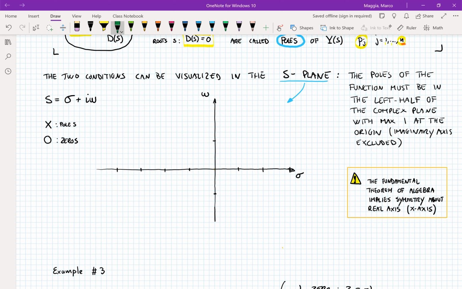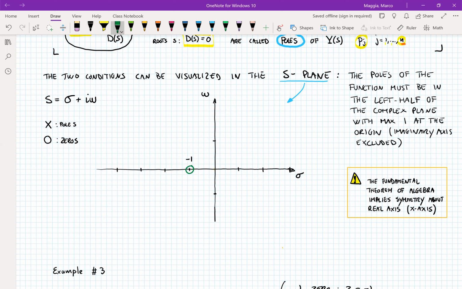So starting with the zero, we had a zero at minus 1. Zeros do not have anything to do with the final value theorem. So it doesn't really matter if we have positive or negative zeros. We only care about the poles.